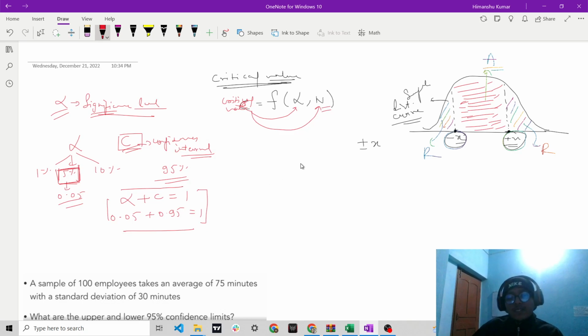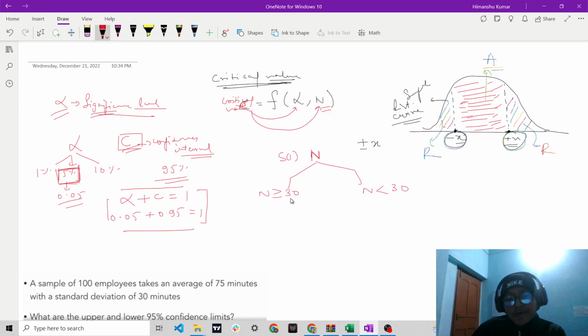So if you are going to calculate the critical value, the confidence interval, the first step is to see the sample size. Step 1, we'll see the sample size. Is it greater than or equal to 30, or is it less than 30?